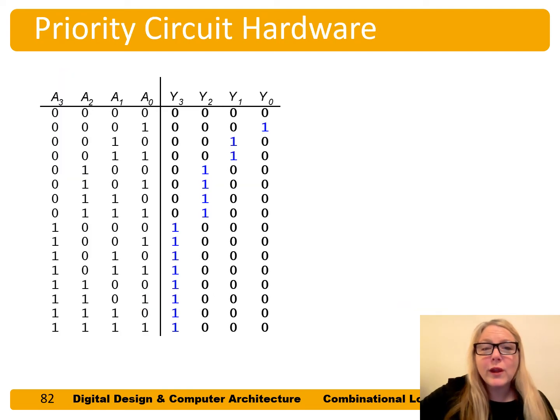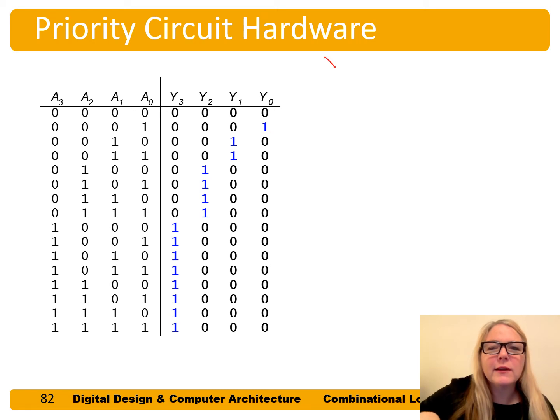So now we can write equations for this priority circuit. And notice that we do now have 4 outputs, y3 to y0. We could write that like this, y3 colon 0, indicating there are 4 bits of this output. They have the same name, y, because they're associated.